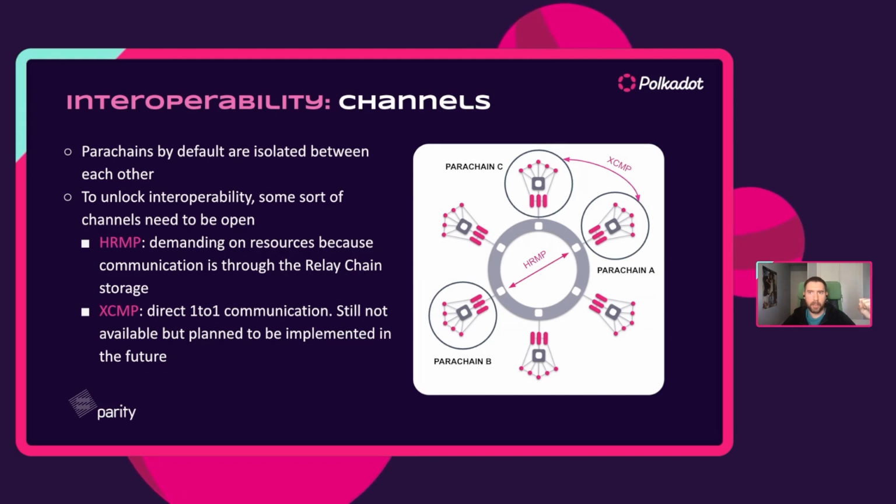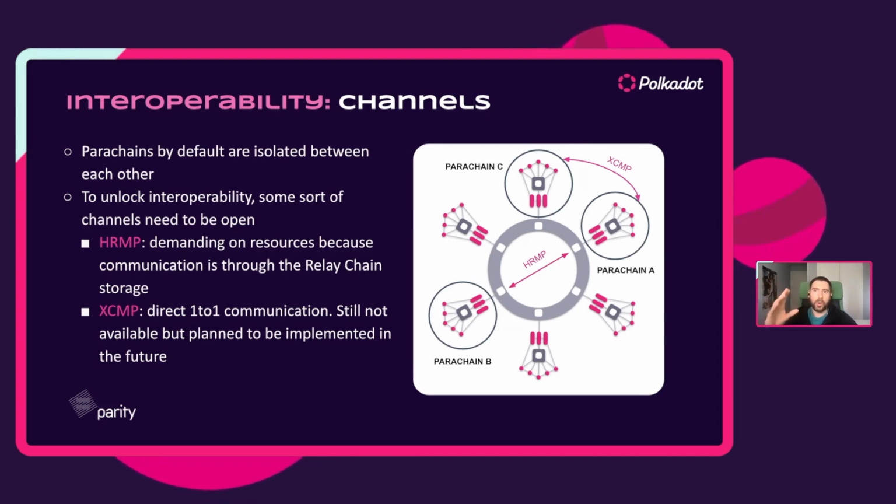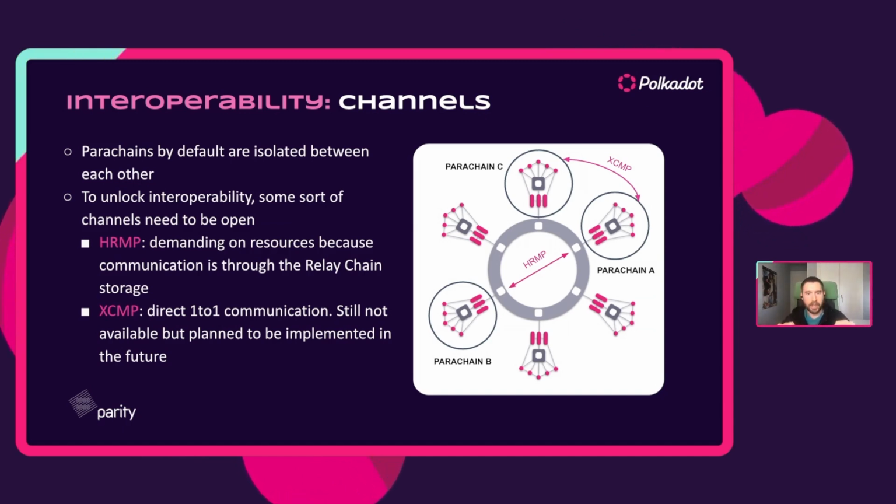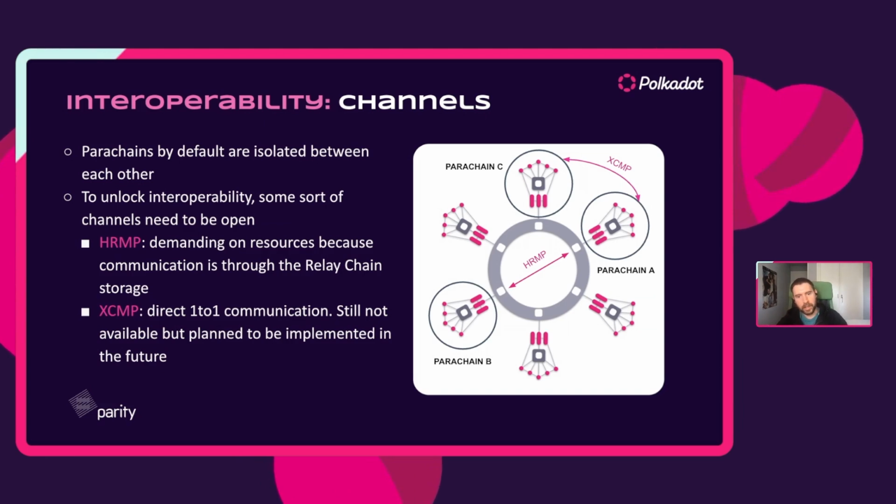So you know that the parachain collators have a full node of the relay chain, so they are able to read the storage from the relay chain. So if you want to communicate with another parachain, what for example parachain A would do is send an XCM message to the relay chain. The relay chain will process the XCM message, store the message in its storage, and then a collator from parachain B will read the state from the relay chain and pick up that message.